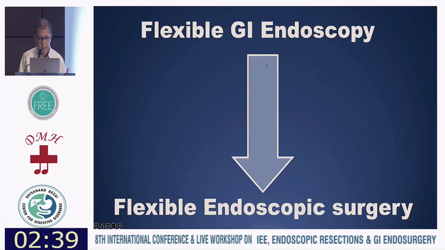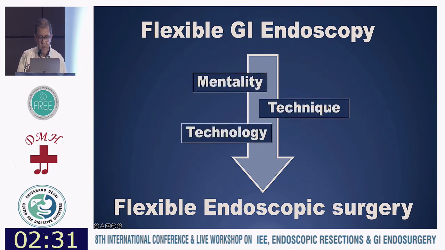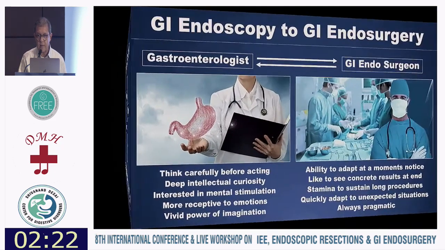Now, why is it like that? Because this transition from flexible GI endoscopy to flexible endoscopic surgery requires a different mentality, a different technique, and a different technology. Now, what do I mean by different mentality?